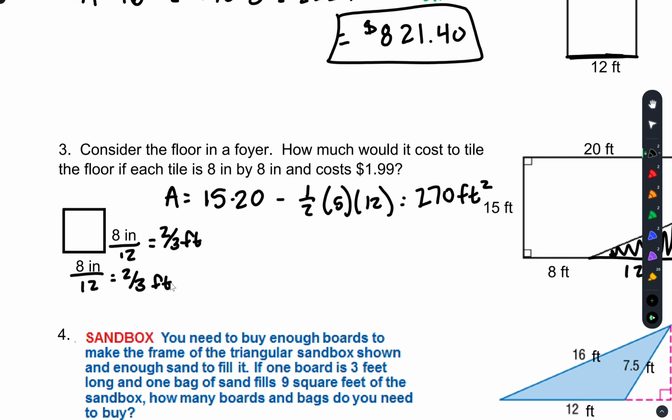The order that I'm doing these steps in here, it matters. We cannot find the area of this tile until we've converted it to feet. I'm going to call this the area of the tile. It's a square, so I know that I can do side squared, or 2/3 times 2/3, which is 4/9 feet squared.